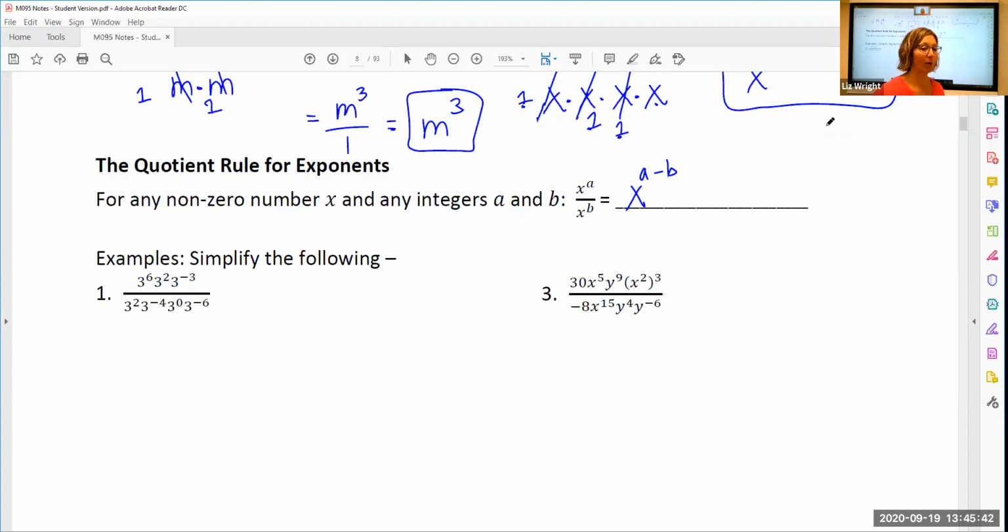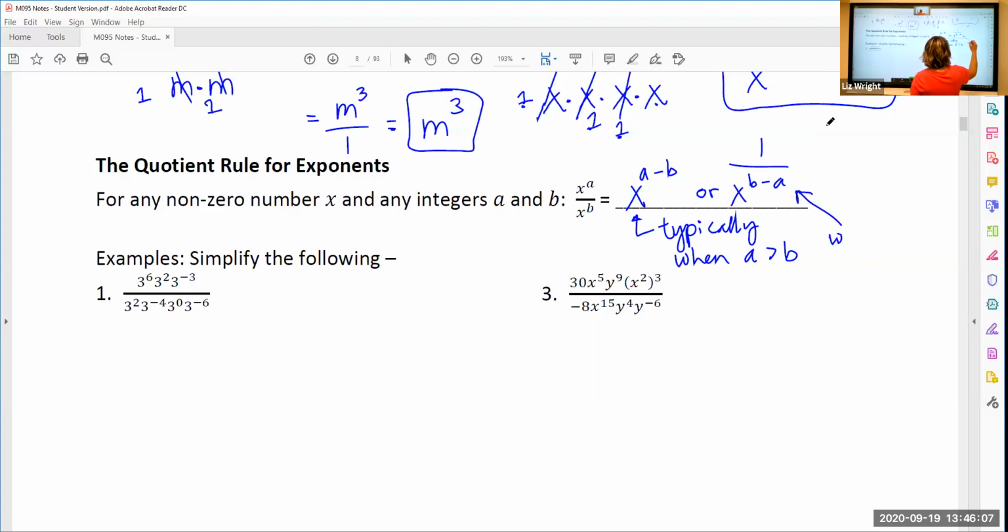And again, it's not like you always have to do it when a is greater than b. It's just typically. Or we might have 1 over x to the b minus a. And this one is typically when b is greater than a.